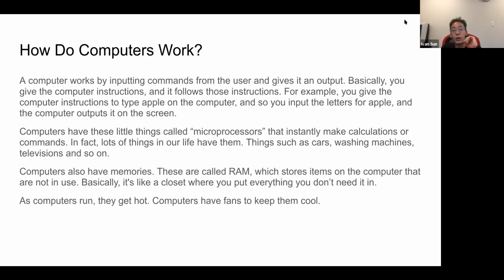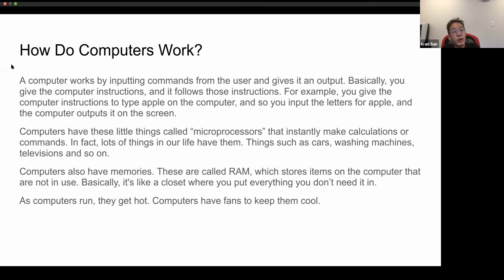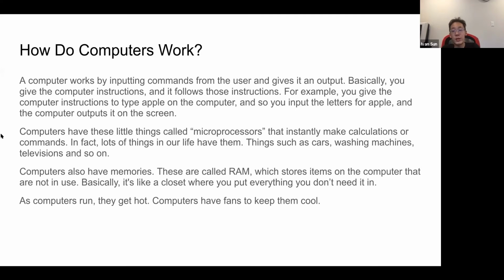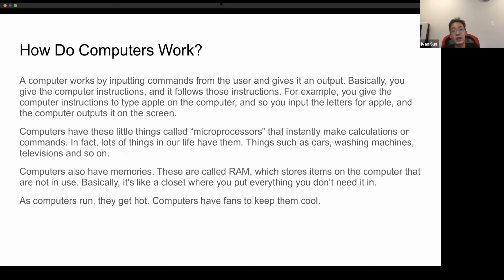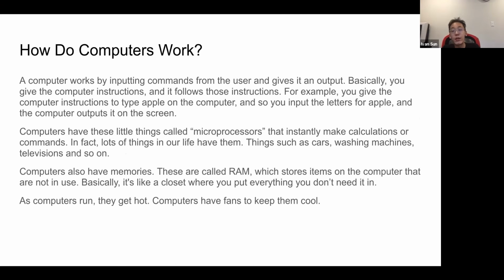So these little microchips, or microprocessors, are in a lot of things we use. Some context in terms of the world: there's actually a global chip shortage right now, the biggest one in a long time, or maybe in history.